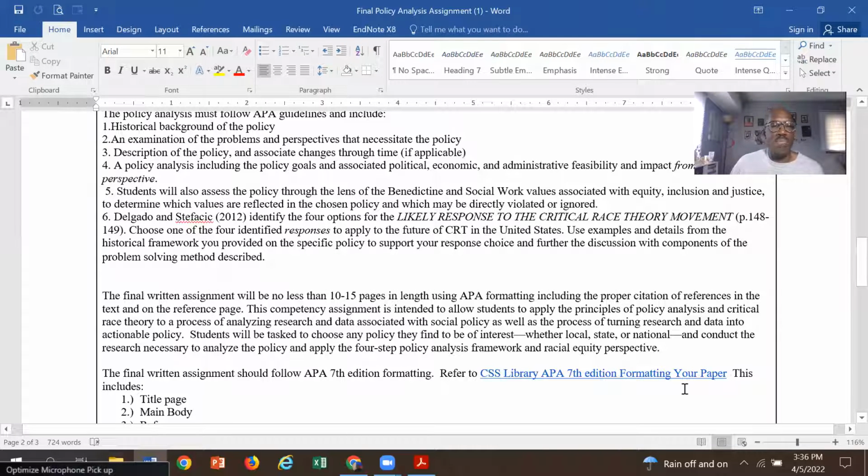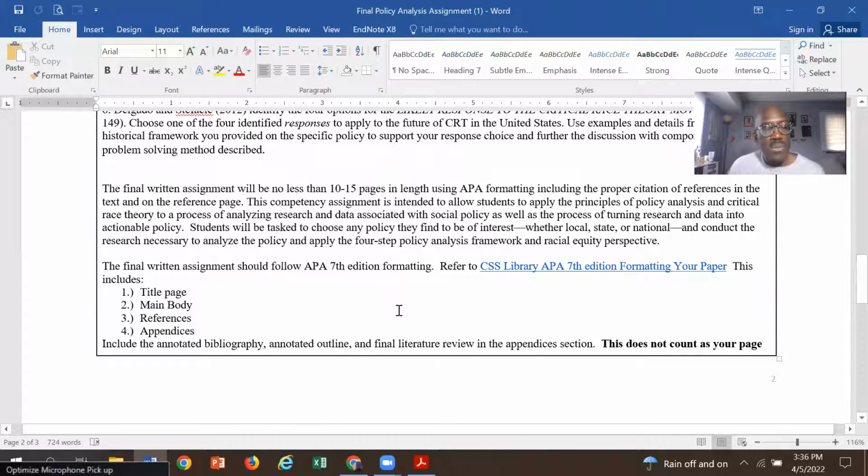It'll probably end up being about 10 to 15 pages, making sure that we've got the APA format, the proper citations, the reference page, the whole 9 yards. So just make sure that we're looking at all those things. Your paper format will be your title page, then the main body of your paper, and then the references and appendices.